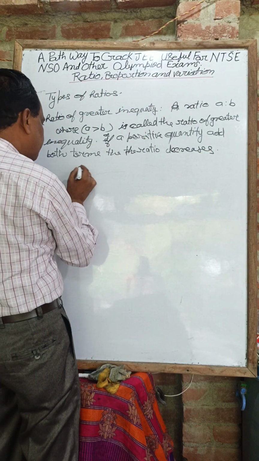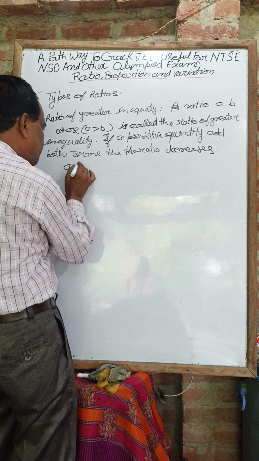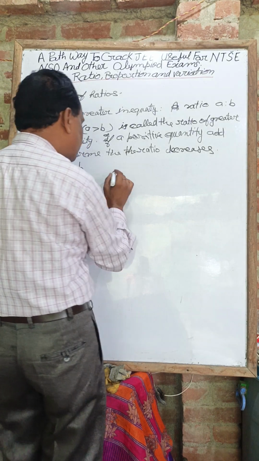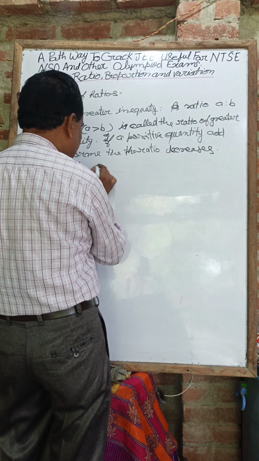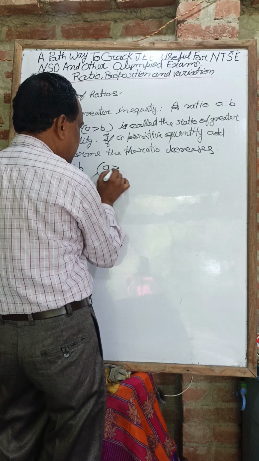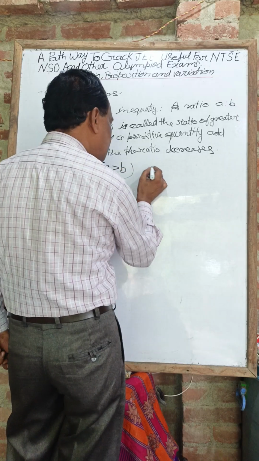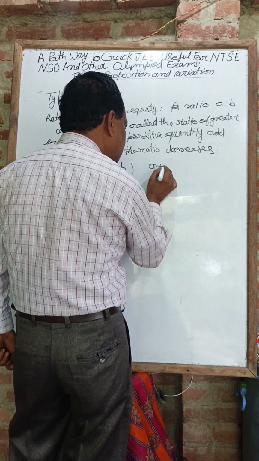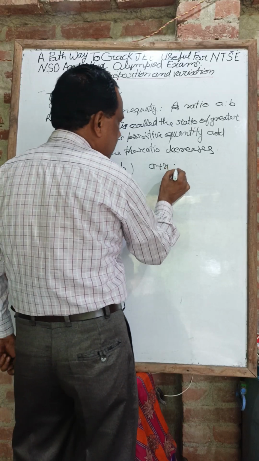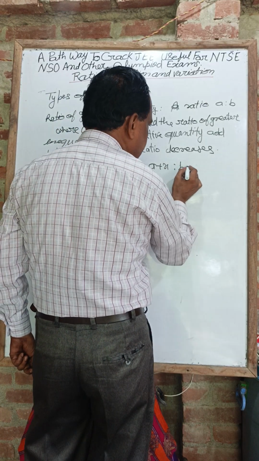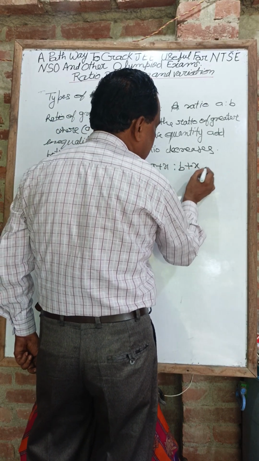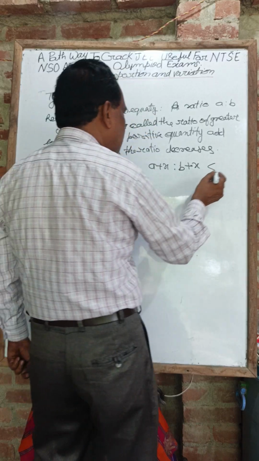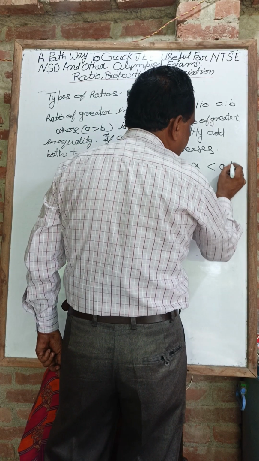As A is to B, where A is greater than B, so A plus X is to B plus X is less than A is to B.